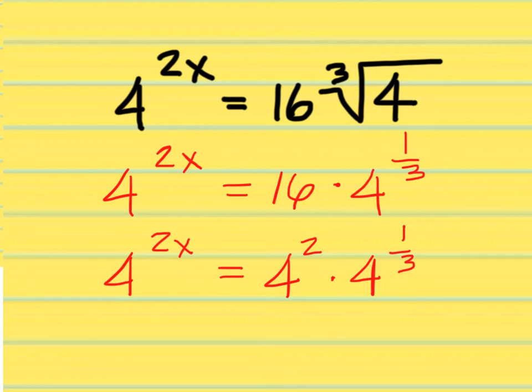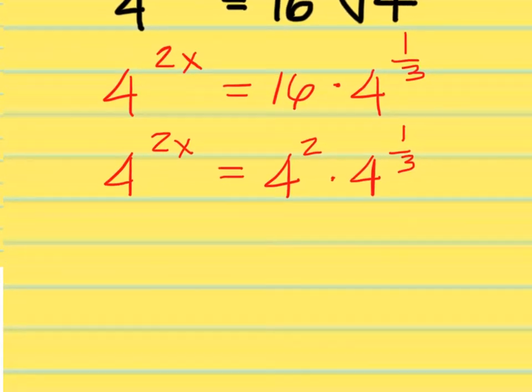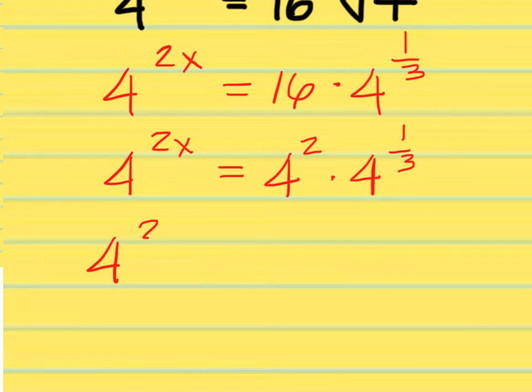But now we have two bases on the right-hand side instead of just one. Whenever you have two bases that are the same and you're multiplying them together, what do you do with the exponents? You add them together. And when you have 2 plus a third, it is 2 1/3.